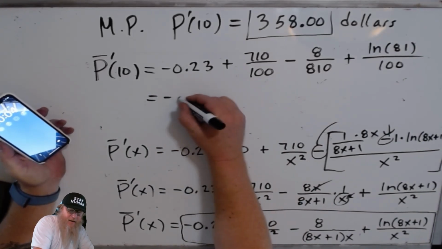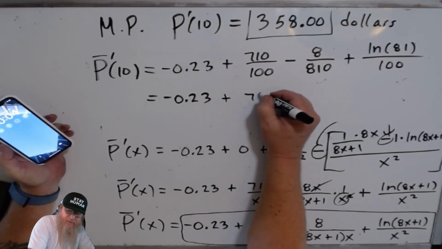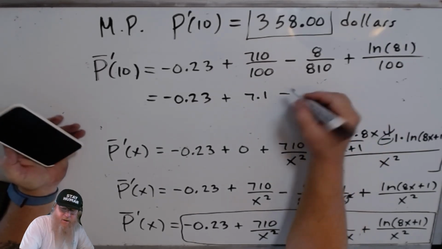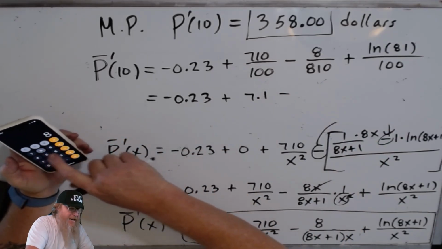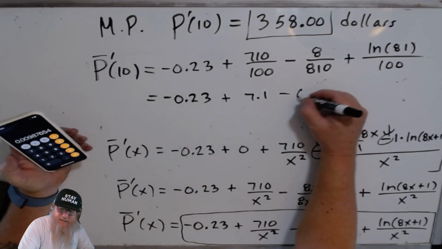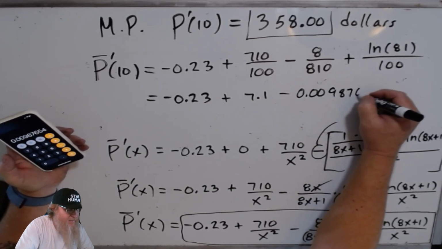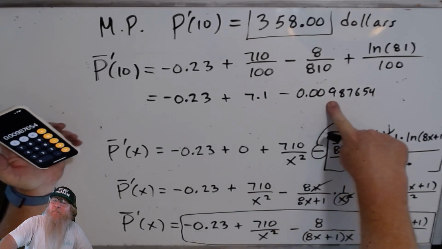And a nice thing about this is all the decimals are going to be very nice. That's going to be 7.1. 8 divided by 810. That's tiny. That's barely a penny, but it is close enough to a penny.